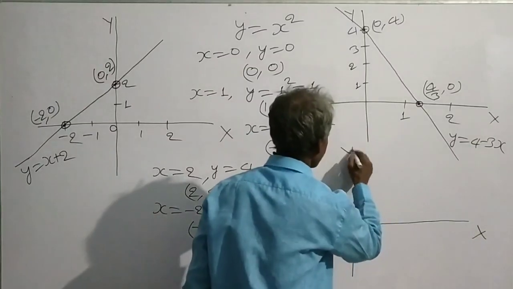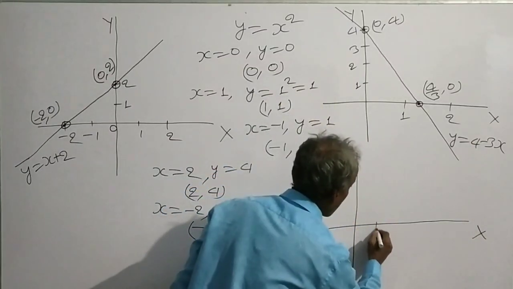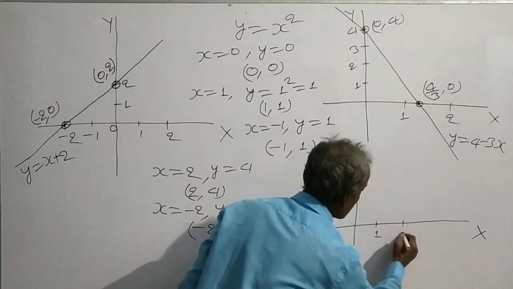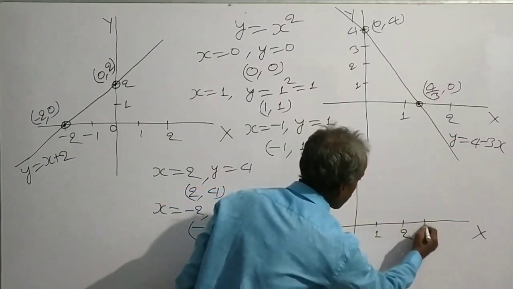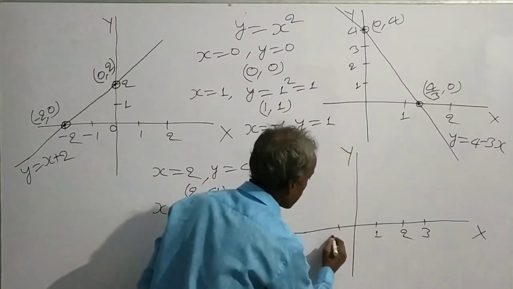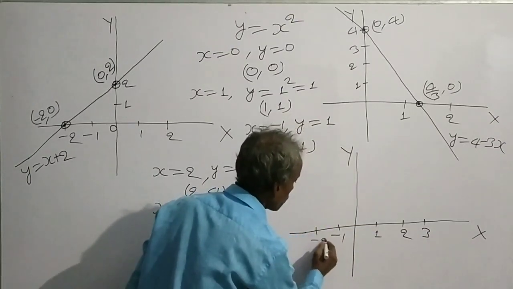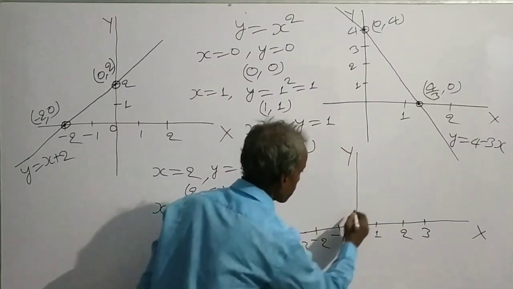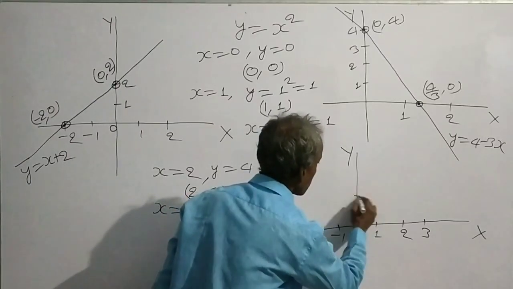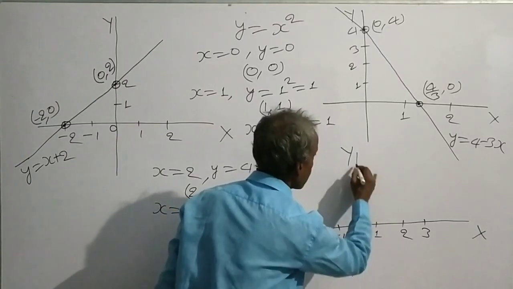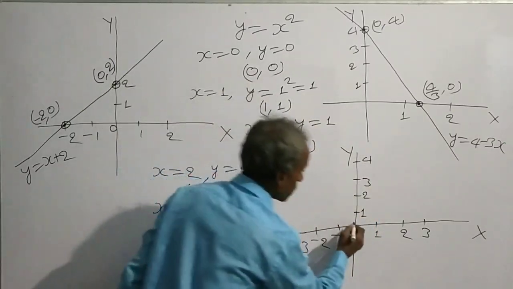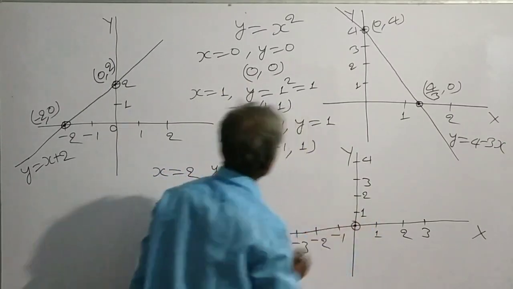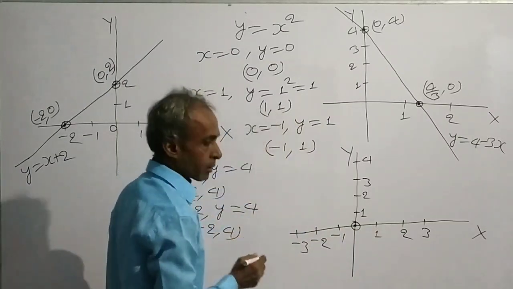X-axis, y-axis. 1, 2, 3, minus 1, minus 2, minus 3, 1, 2, 3, 4, 0, 0. This point will be 0, 0. 1, 1.